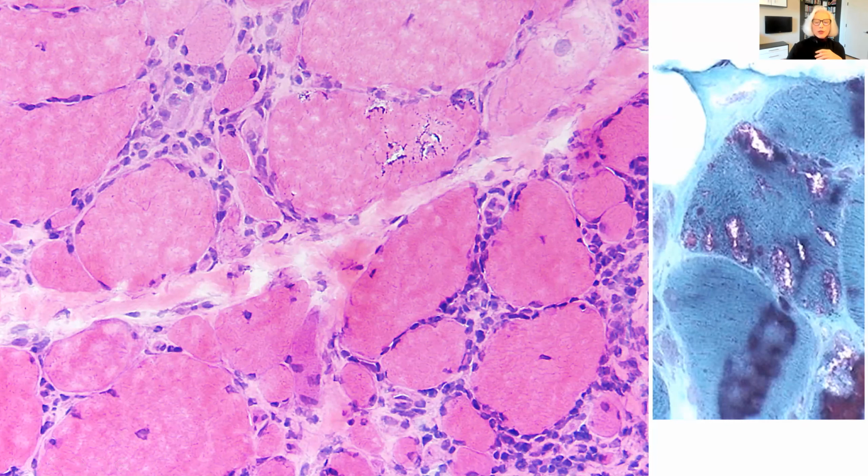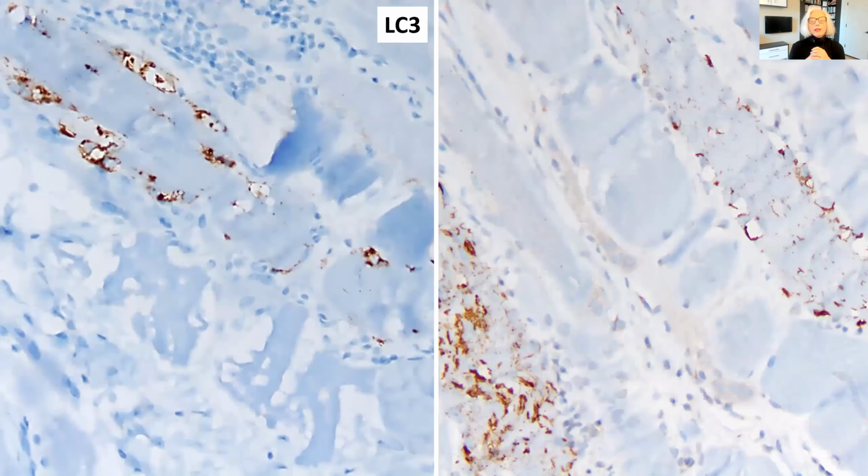You have to have these other features, including inflammation and MHC1 positivity. But these are the rimmed vacuoles seen on H&E on the frozen specimen and seen on the trichrome on the right. And you can bring them up either in the frozen sections or, for that matter, in the paraffin embedded sections by using these autophagic markers LC3 and P62.